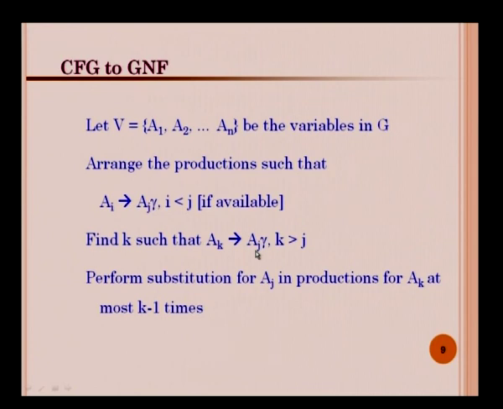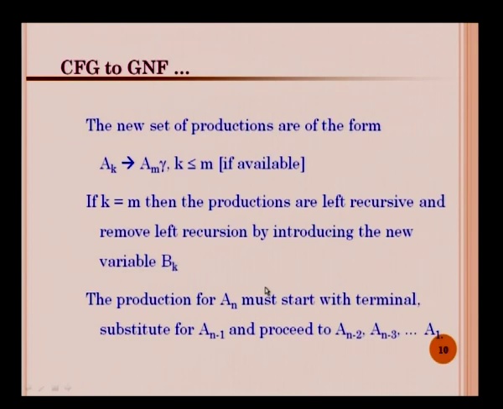That is, if you replace every variable by its previous variable, the replacement may go up to k minus 1 number of times. So after doing all these substitutions, we will be having a situation where Ak derives Am gamma, where k is less than m.